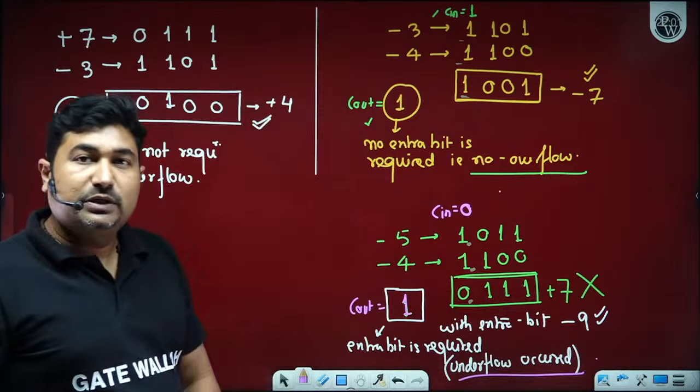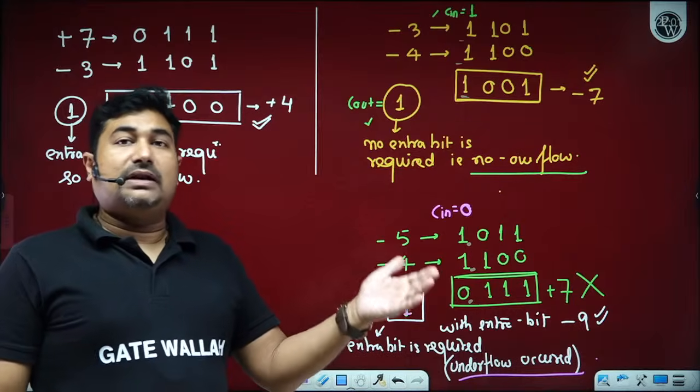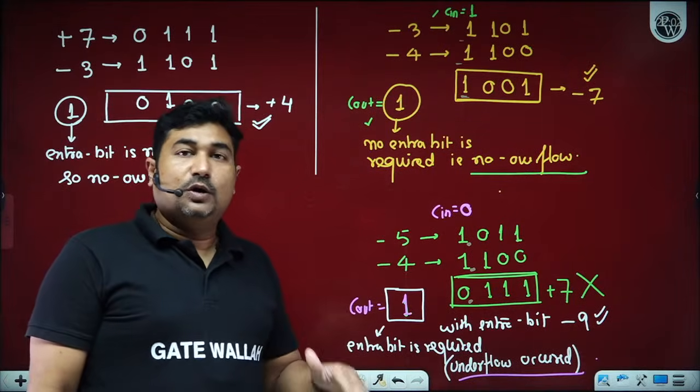Is it okay? So in 2's complement arithmetic operation, if the carry in and carry out from the last bit position are different, overflow occurred.